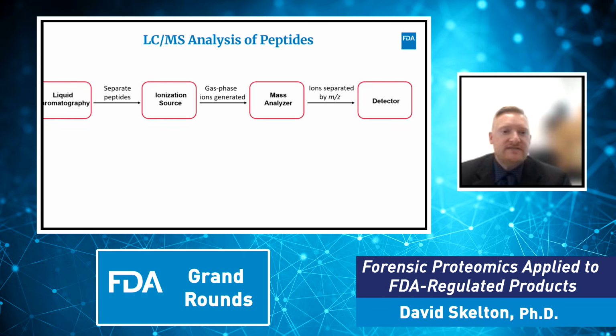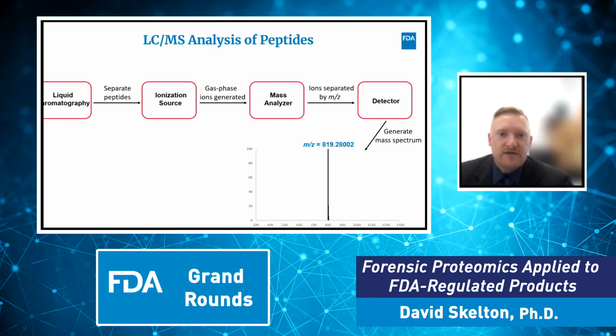As these peptides sequentially elute from the chromatography system, they are transferred into the gas phase via the ionization source of the mass spectrometer. They are separated according to their mass to charge ratio in the mass analyzer, and then they are detected and a mass spectrum is generated.